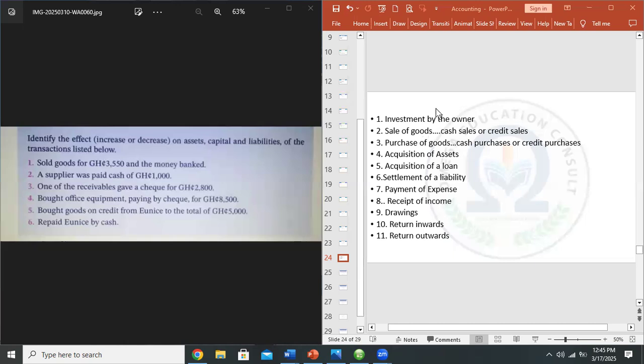So you have on the screen here investment by the owner, sale of goods, purchase of goods, buying an asset, taking a loan, settling a liability, paying an expense, receiving an income, drawings, return inwards, and return outwards.